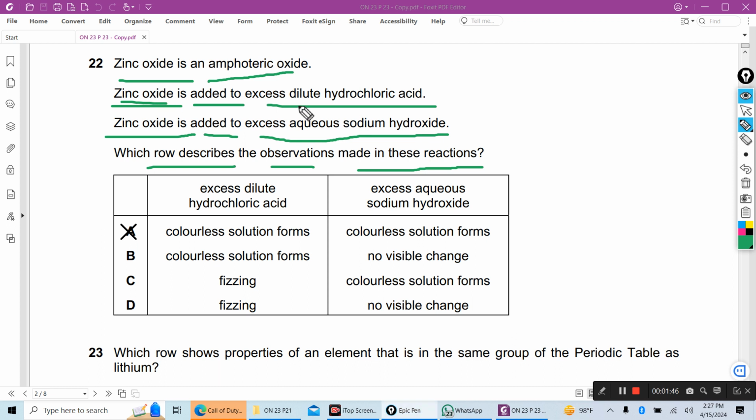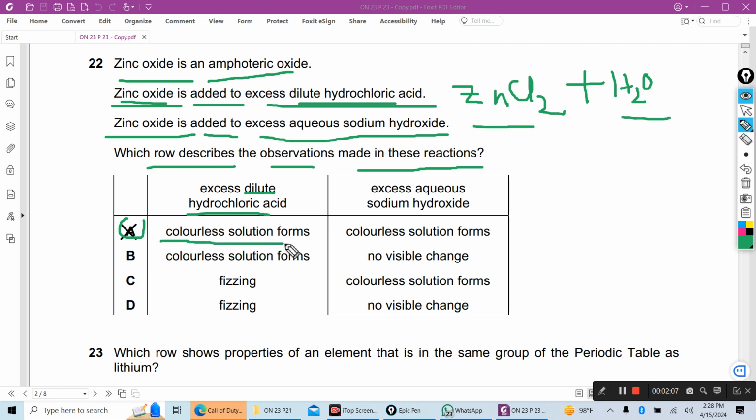So zinc oxide reacts with hydrochloric acid to produce zinc chloride plus water. So the answer will be A. With excess dilute hydrochloric acid, zinc chloride plus water will be produced. So a colorless solution forms, as zinc chloride aqueous solution is colorless.